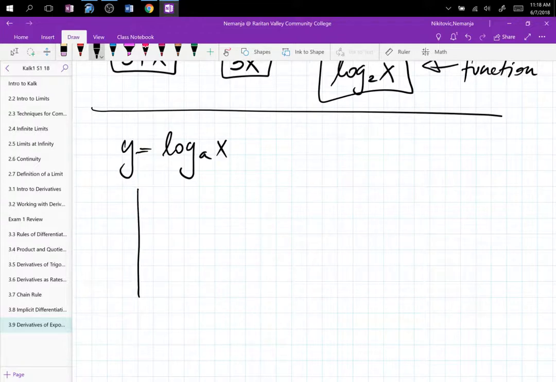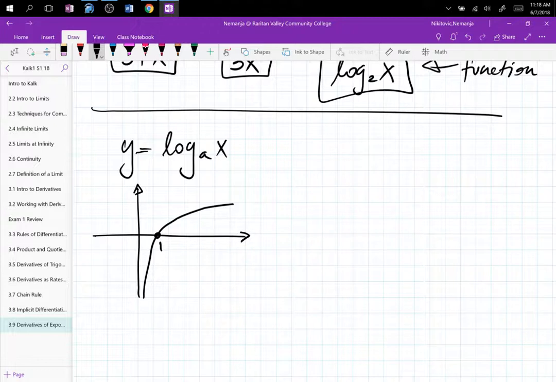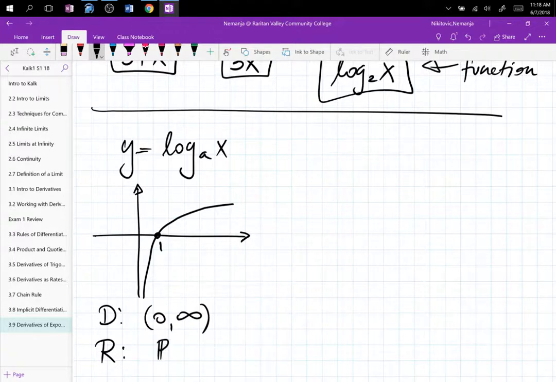So we have the graph for the log, which goes through number 1, has the vertical asymptote at x equals 0. It is always an increasing function. The domain is positive numbers. We are excluding 0. Range is all real numbers, so we can just put double bar R, or you can put negative infinity to positive infinity. We have the x-intercept at (1, 0).